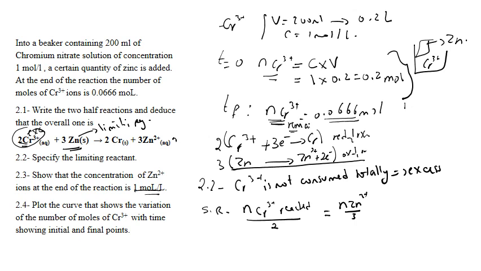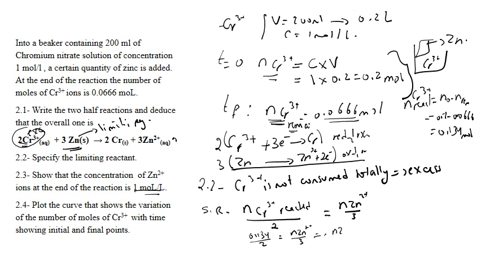This is the quantity remained. And as we know, the number of moles reacted is the number of moles initial minus the number of moles remained. So it is 0.2 minus 0.0666. It will be 0.134 mole. This is the number of moles of Cr3+ reacted. Substitute in this stoichiometric ratio: 0.134 over 2 equal the number of moles of Zn2+ produced over 3.